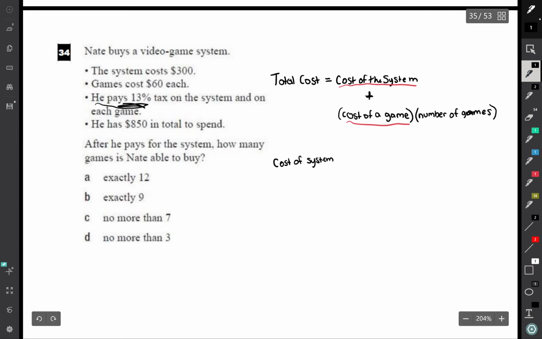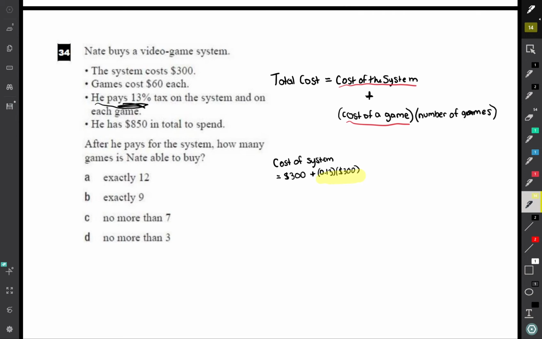So that's going to be equal to $300 plus 13% tax. There's more than one way we can do this. One way to calculate the total cost is 300 plus 0.13 times 300, because this part of our equation calculates the tax.